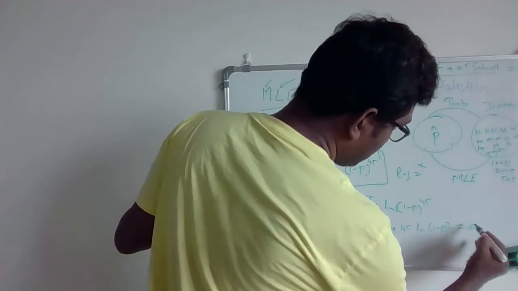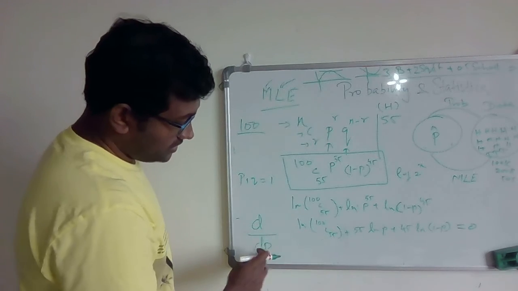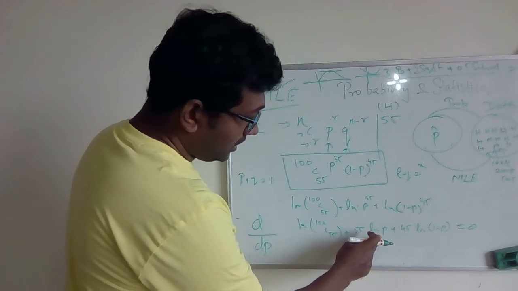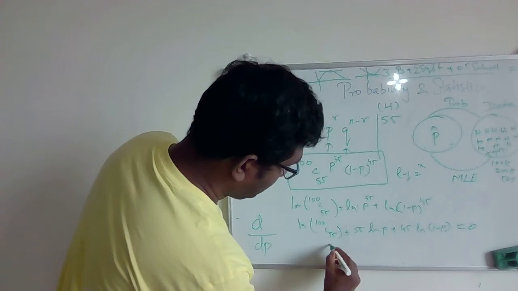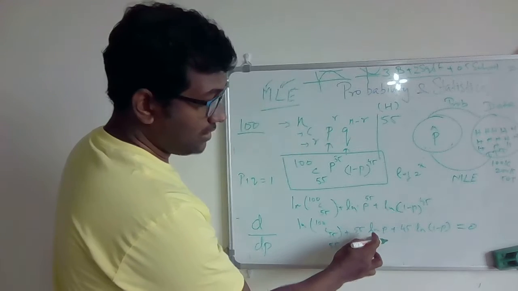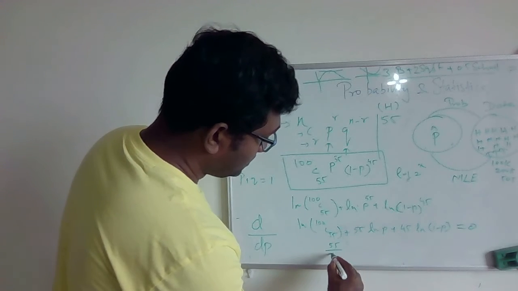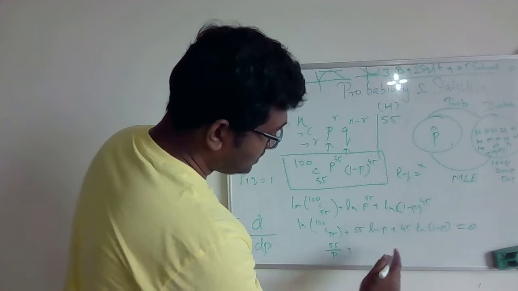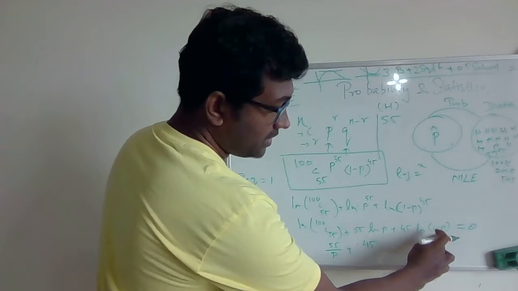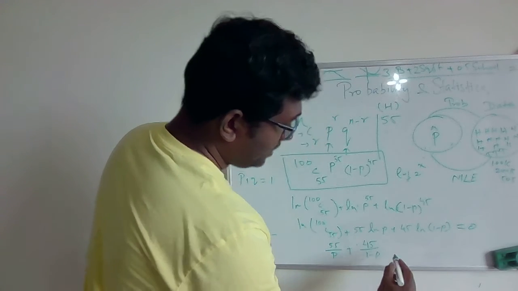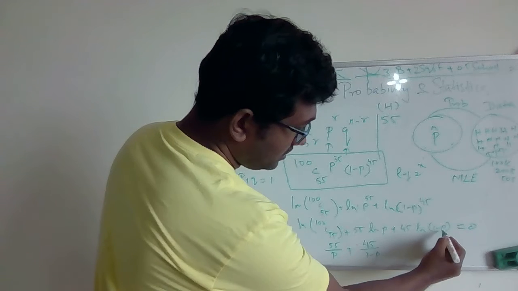If we set the derivative to 0: the derivative of this constant is 0, because it does not have anything which changes with P. Then 55 times the natural log of P, if we take the derivative, becomes 1 by P, so it becomes 55 by P, plus 45 times the natural log of 1 minus P. Natural log of x becomes 1 by x, so it becomes 1 by 1 minus P. And using the chain rule, we have to take the derivative of the function inside, 1 minus P, which becomes minus 1.